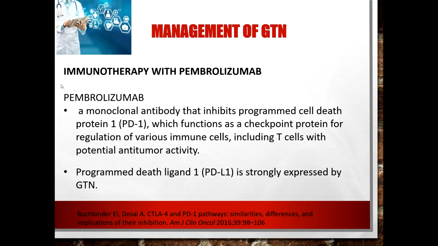So what is pembrolizumab? This is a monoclonal antibody that inhibits programmed cell death protein 1, which functions as a checkpoint protein for regulation of various immune cells, including T cells with potential anti-tumor activity. You have to remember that programmed death ligand 1 is strongly expressed by GTN.